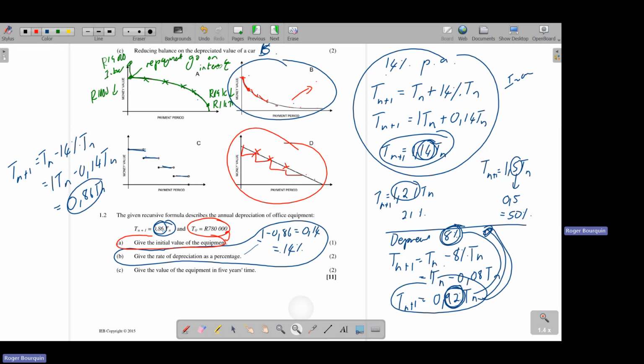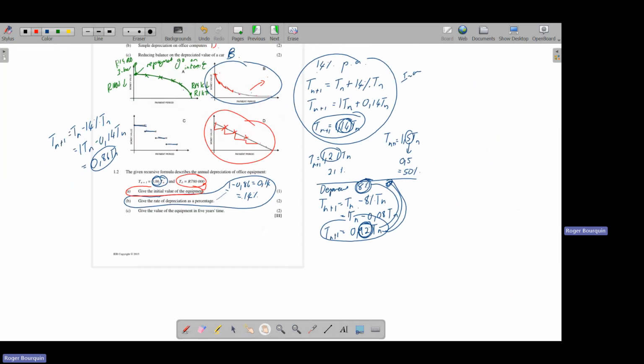And to find the value of the equipment in 5 years' time, well, if we use our formula, Tn plus 1 is equal to 0.86 Tn. On your calculator, remember you go 780,000 equals, clear it, not stored in your memory, and we'll recall when you press answer. You're now going to go 0.86 times answer.